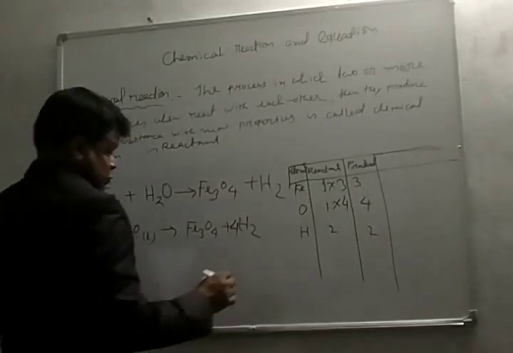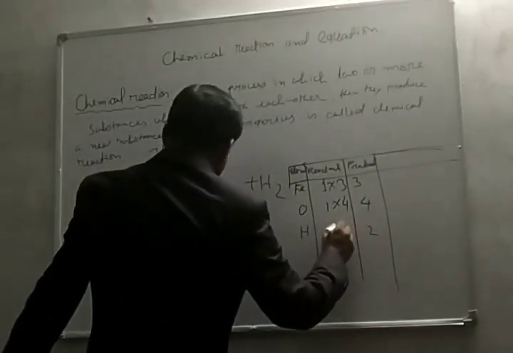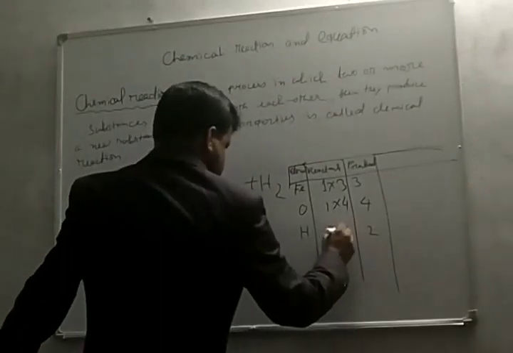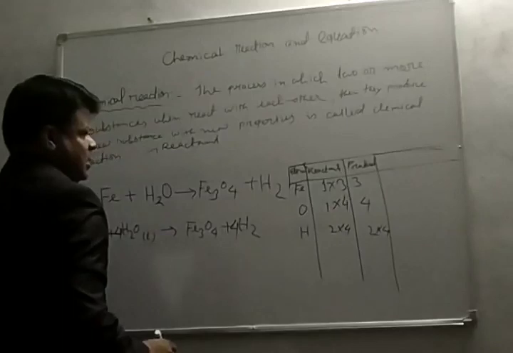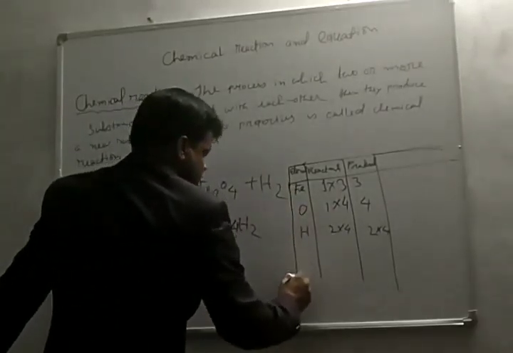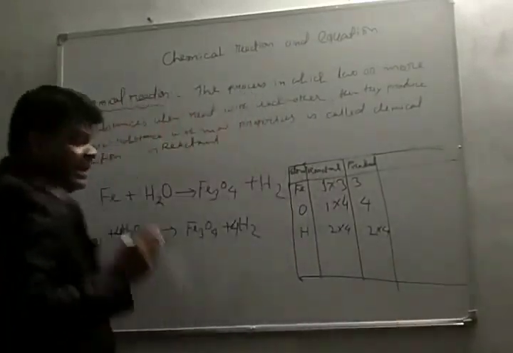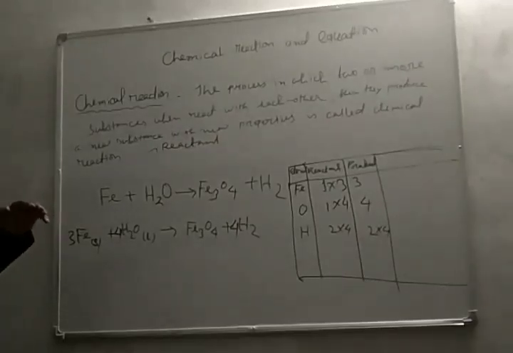So it will be like this. And then 2 into 4, here also 2 into 4, 8. Right now the number of elements participating in the reaction is equal for both parts, reactant and product, and they maintain the law of conservation of mass.